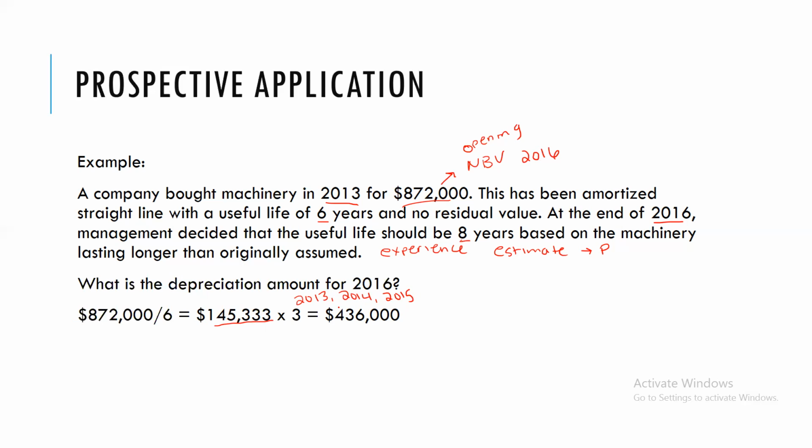Okay, so the total depreciation so far, or the total accumulated depreciation, is 436,000. So if we started off with 872 and we have accumulated depreciation of 436, what is our net book value in 2016? Well, conveniently, it ends up being 436. So that's your net book value opening in 2016.